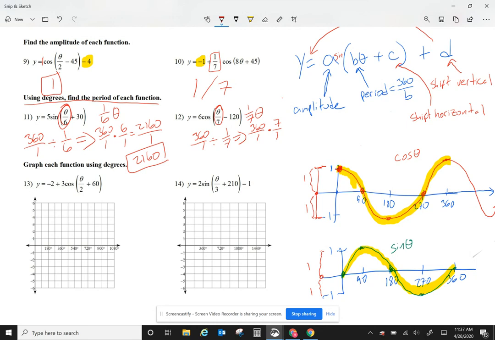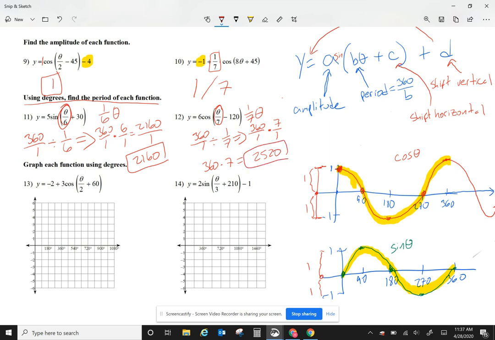Now, some of you might be saying, isn't that the same thing as 360 times 7? Sure, 360 times 7. So for question number 11, we could have just done 360 times 6. Now, 360 times 7 happens to be 2,520.